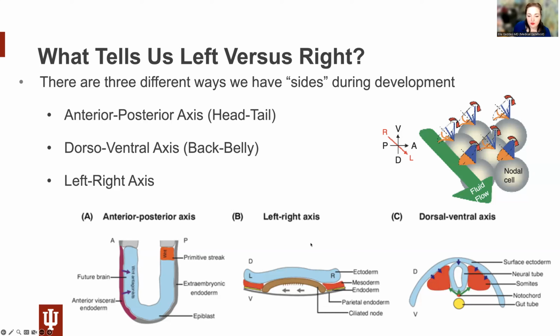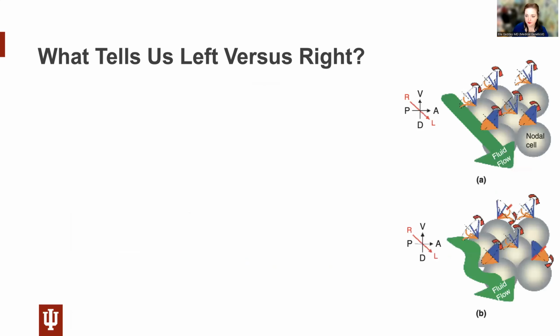And so the left right axis is when we are able to say, okay, instead of being completely symmetric, let's give some differentiation to the organs in there. And one of the ways we do that is through ciliary function and messaging.